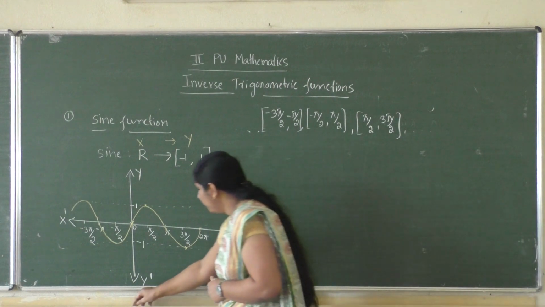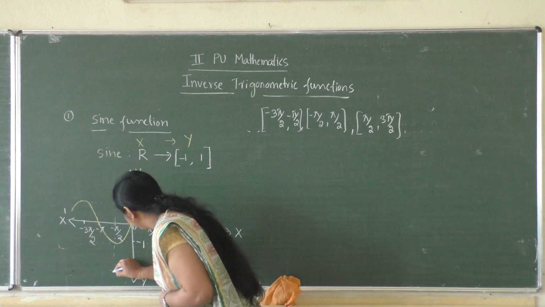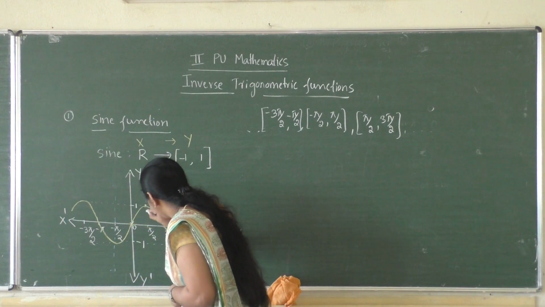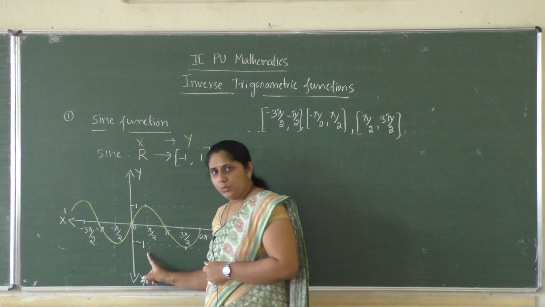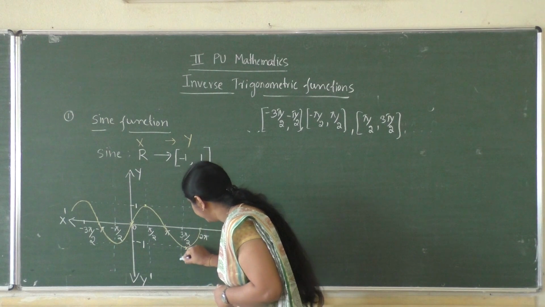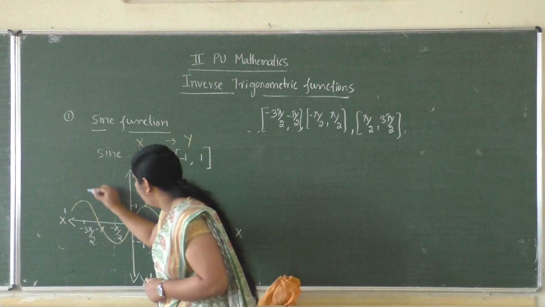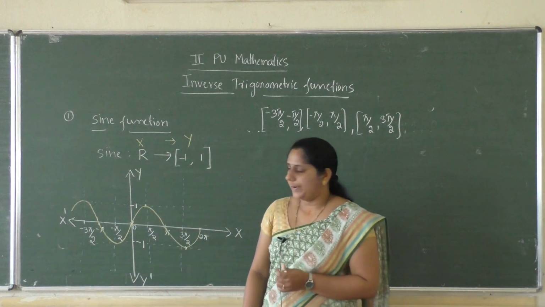So what we have to do is divide into intervals: minus pi by 2 to pi by 2, or pi by 2 to 3 pi by 2, or minus 3 pi by 2 to minus pi by 2.